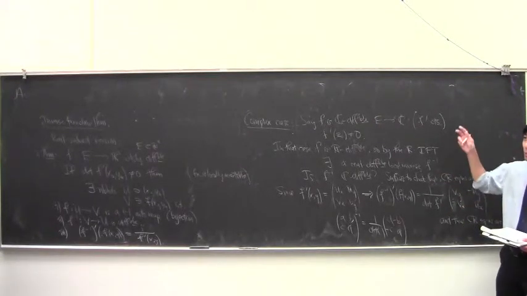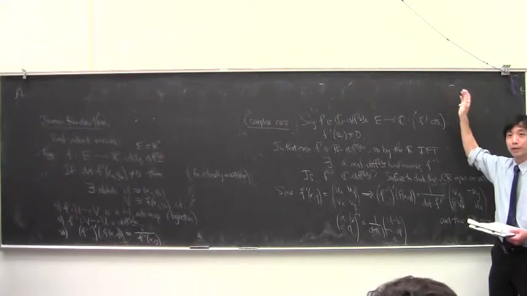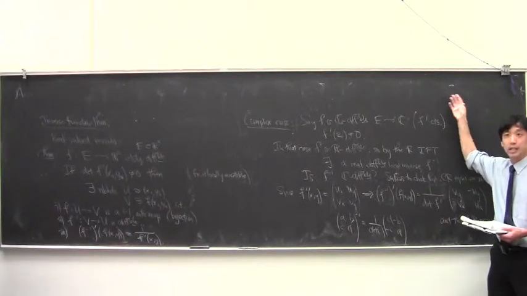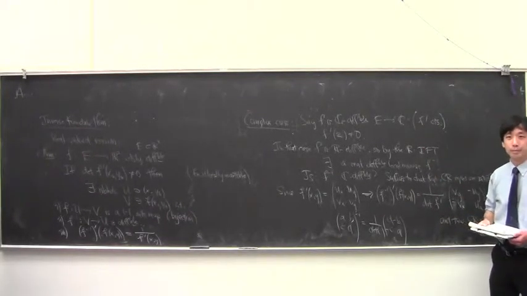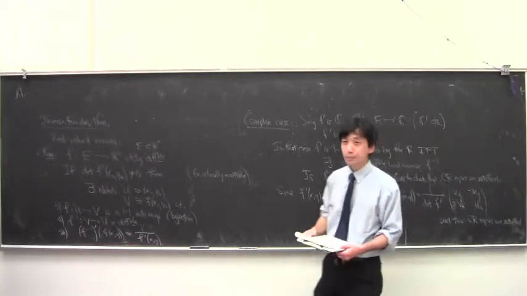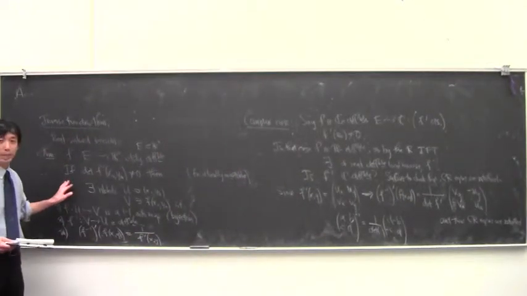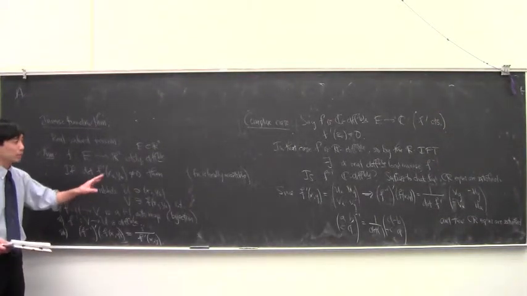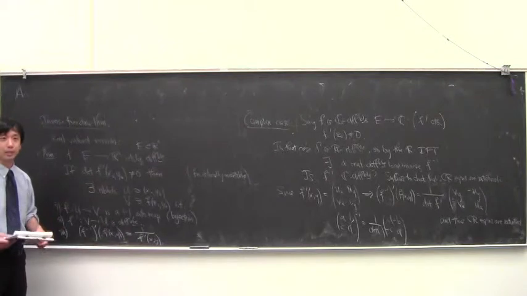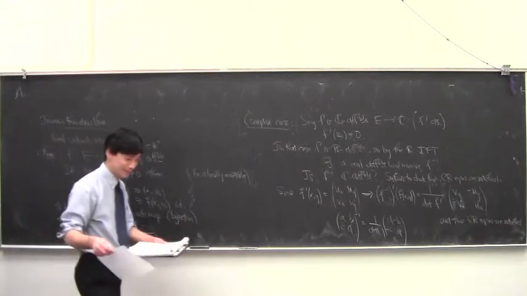And we had this theorem last time that a function is complex differentiable if and only if it's real differentiable and it satisfies the Cauchy-Riemann equations. And so that's what we're using here. Okay, any questions? It's just an immediate consequence of this plus a small verification. Any questions? No?